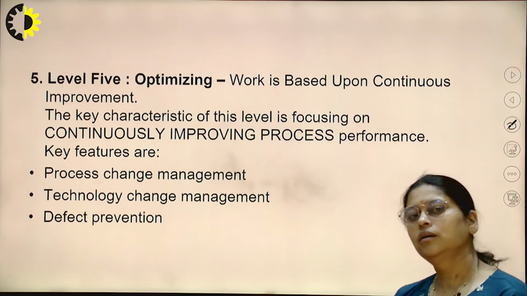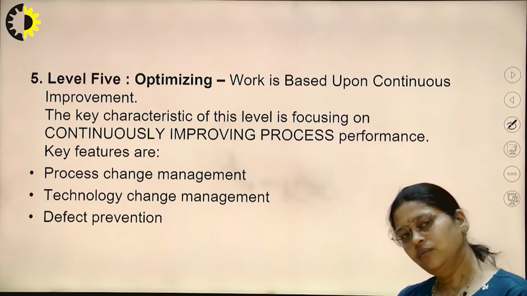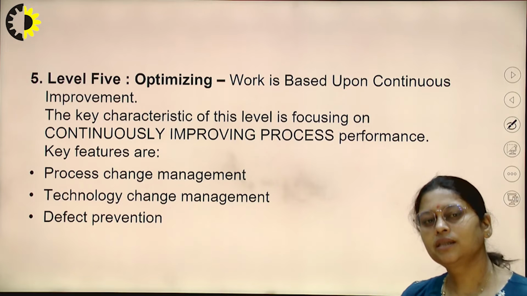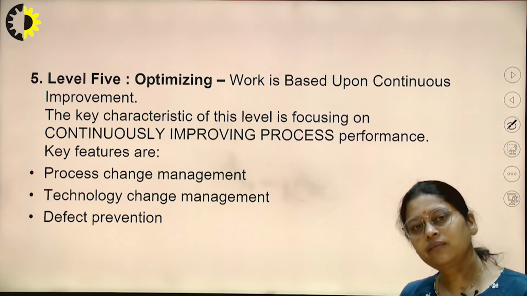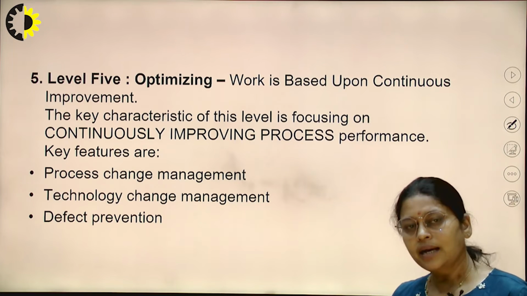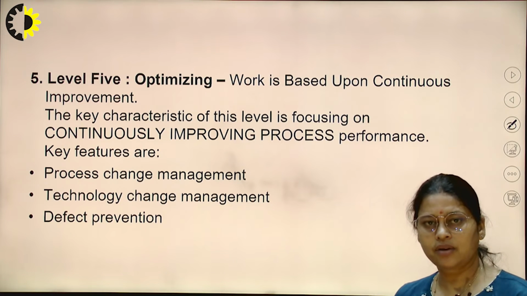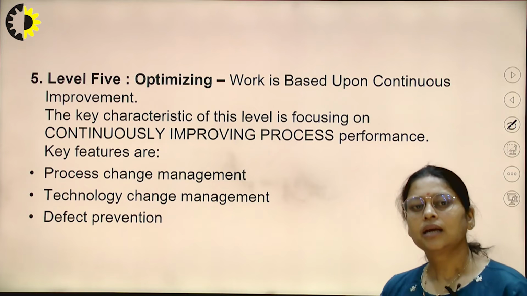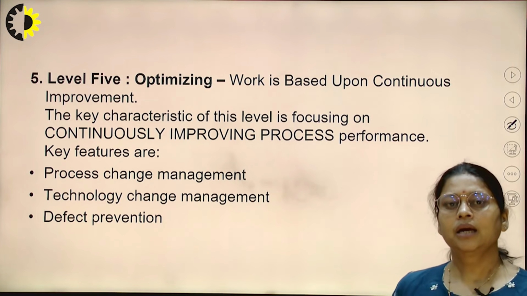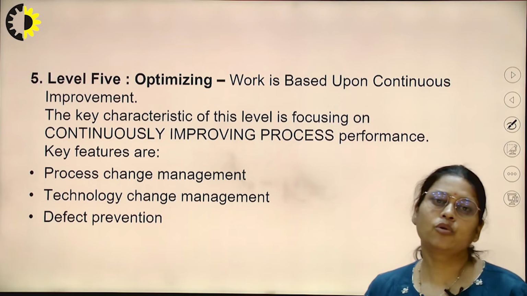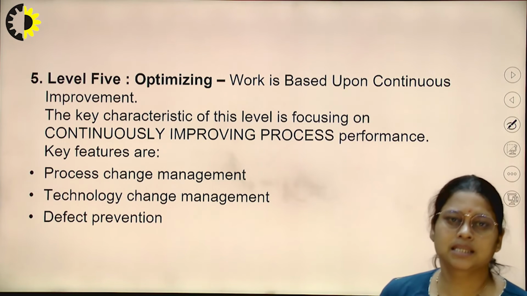When we go further to level 5, it is a well defined process. At this level, the companies follow all the previous levels' working procedures, and they also maintain a continuous surveillance process, meaning a continuous improvement process is also followed at this level.